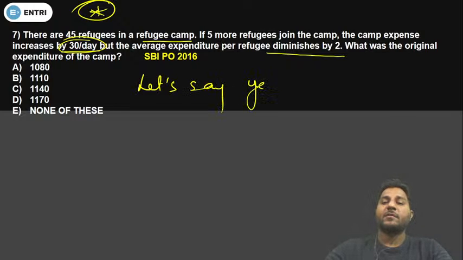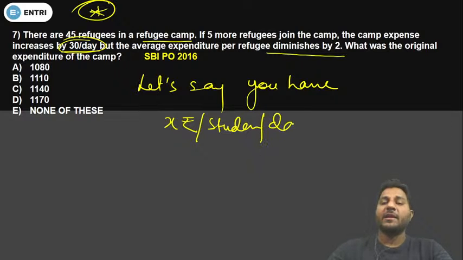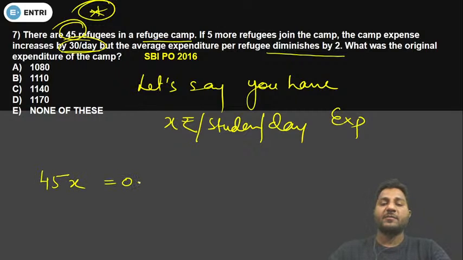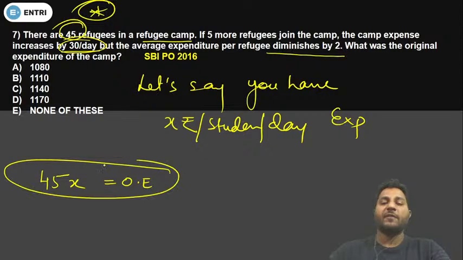you have x rupee per student per day expense. If you have this, that means originally you had 45 refugees, so the original expense would be 45x.